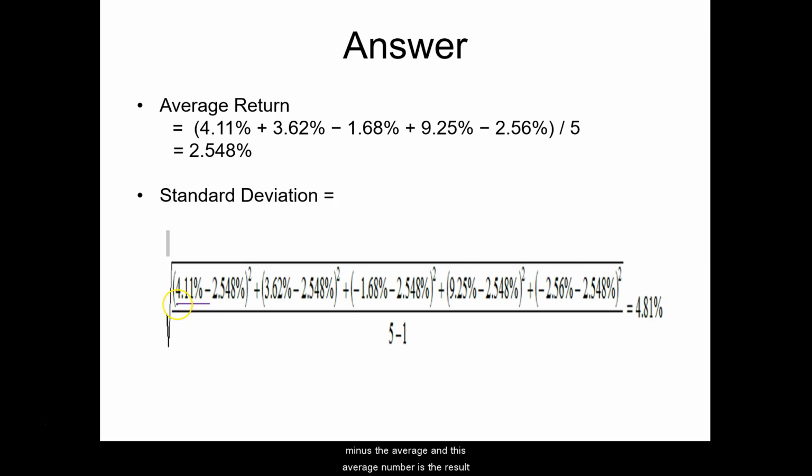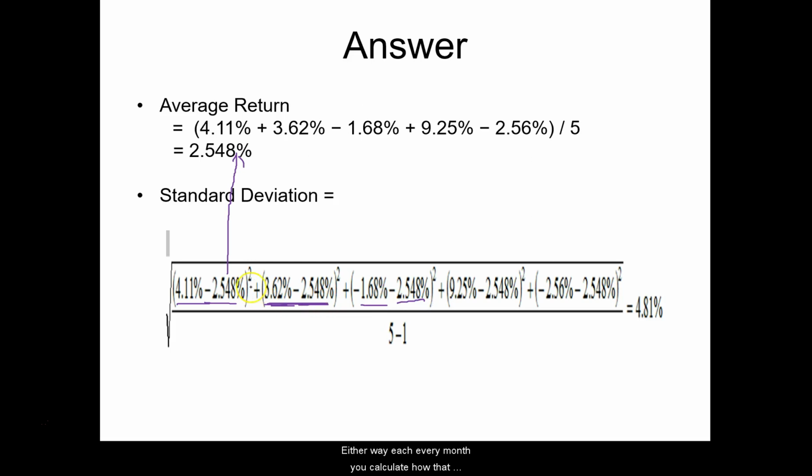So we use the 4.11% minus the average, and this average number is the result from the average return calculation here. For the second month, you do the same thing. You use the second month's return minus the average, just to see how the second month's return actually is different from the average return. So sometimes that monthly return is higher than the average, and sometimes, like in the third month, the monthly return is lower than the average.